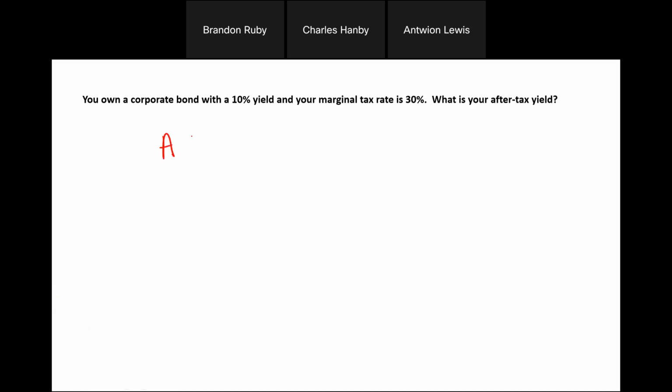So the after-tax yield is going to be the taxable rate, the 10%, times 1 minus the marginal tax rate. So that's 30% or 0.3. So 10 times 0.7 is 7. So the correct way to enter that on the exam would be 7.00, no percent sign.